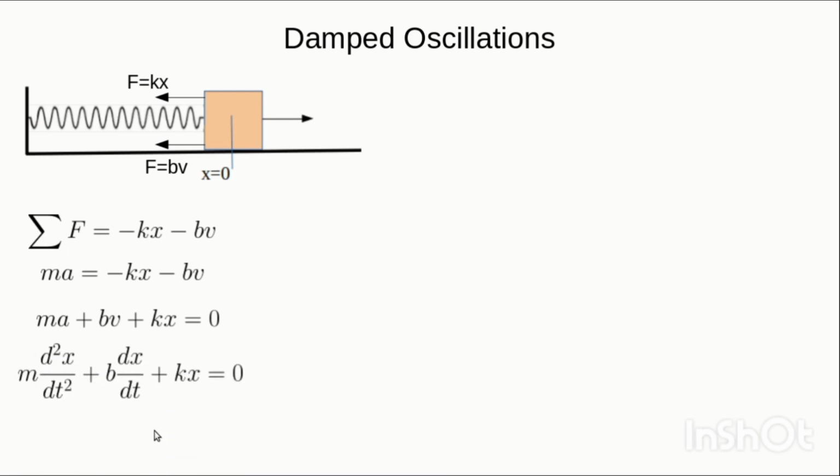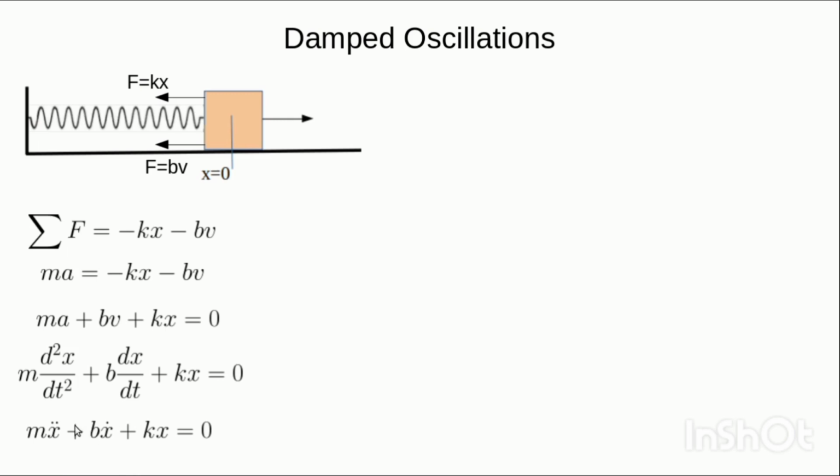We can also rewrite this equation in a short form, where x double dot represents d squared x dt squared and x dot is dx dt. It's a shorter form of writing this expression.